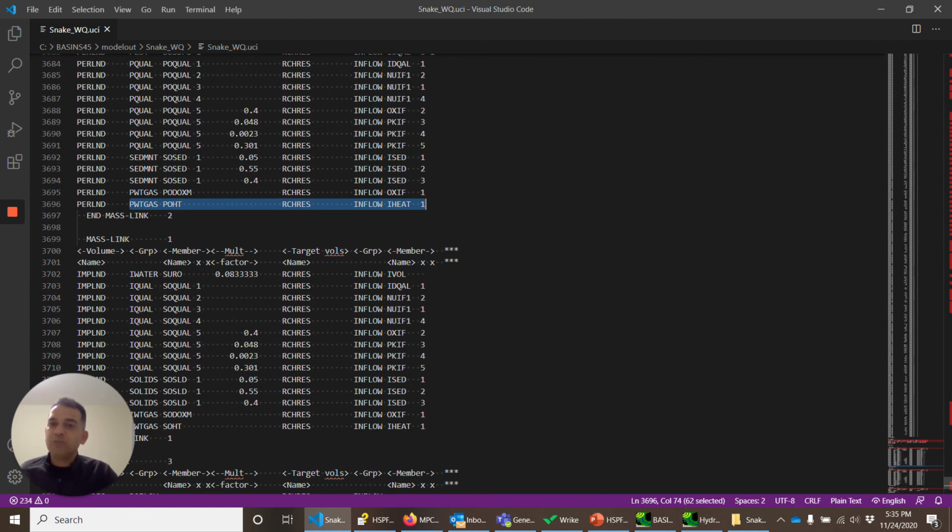In some cases you may have to adjust some of these values, for example if you have some kind of BMP or control on the land surface. So that's it for the RCHRES water quality parameters, and this is a very quick general overview. To get more details, I would recommend you look at more literature, including the literature that I recommended. Thank you for your time.